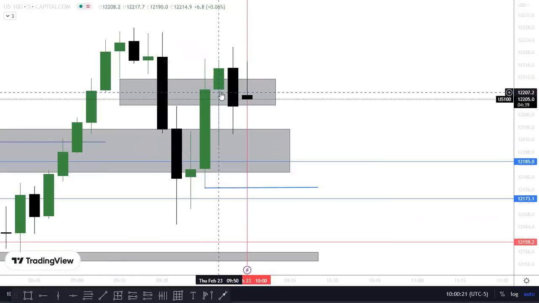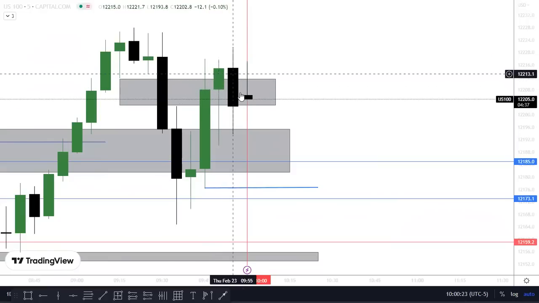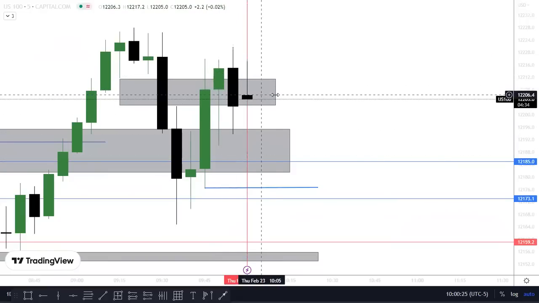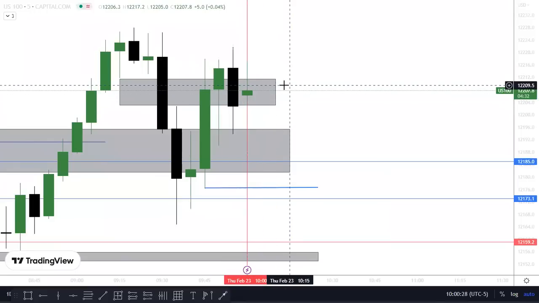I'd want to see this up candle push price lower. This is a short I'm willing to take. And this will be my last trade of the day. For now, at least. Being realistic.